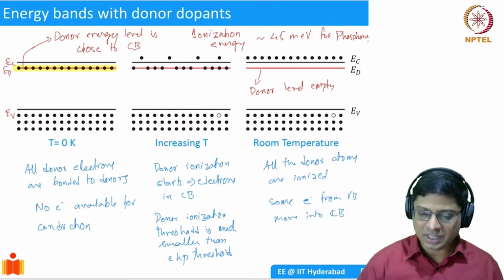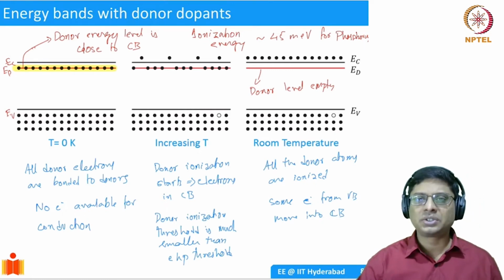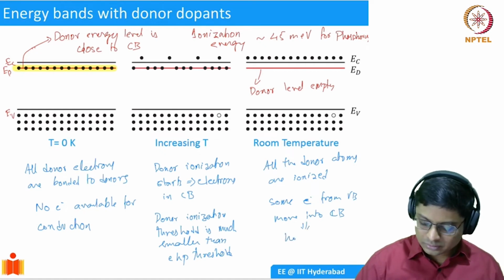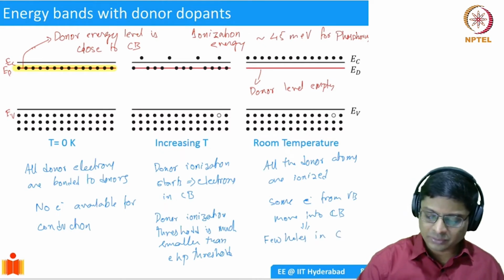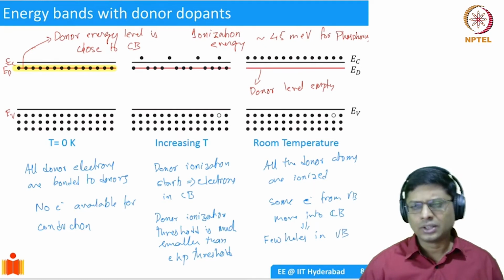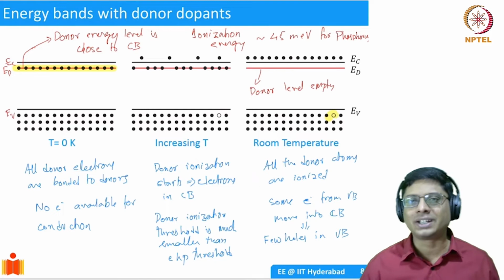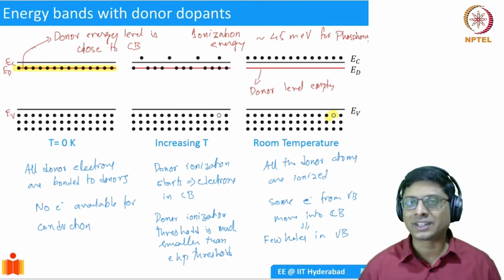Basically EHP generation happens, so this leaves some holes as well. When the donors are ionized, you have many electrons and few holes in the valence band. That's why I indicated one small hole here, just to indicate qualitatively what happens. We will compute down the line how many electrons and holes there can be.